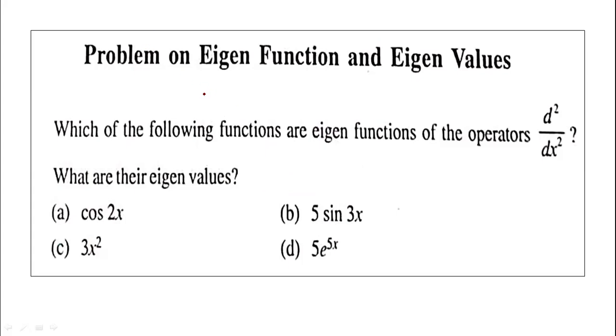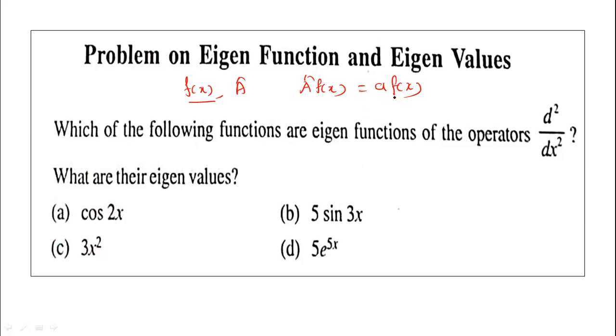A function is said to be an eigenfunction when, suppose we have the function f of x and the operator A, the operator A is operated onto that function, and we get a constant multiplied by the same function.